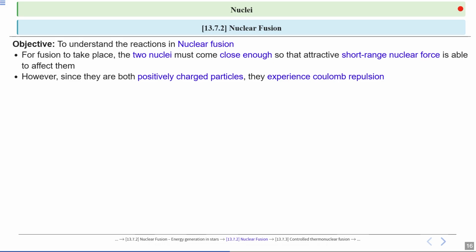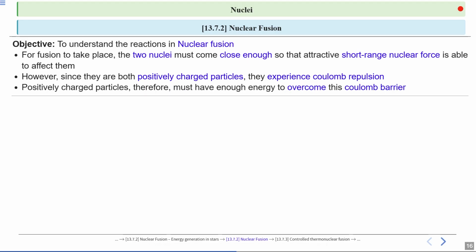However, notice that both nuclei are positively charged, so they naturally repel each other due to the Coulomb force, also called electrostatic repulsion. This repulsion force gets stronger as the nuclei get closer, making it very difficult for them to approach each other. This is why fusion doesn't happen easily at normal temperatures and pressures.